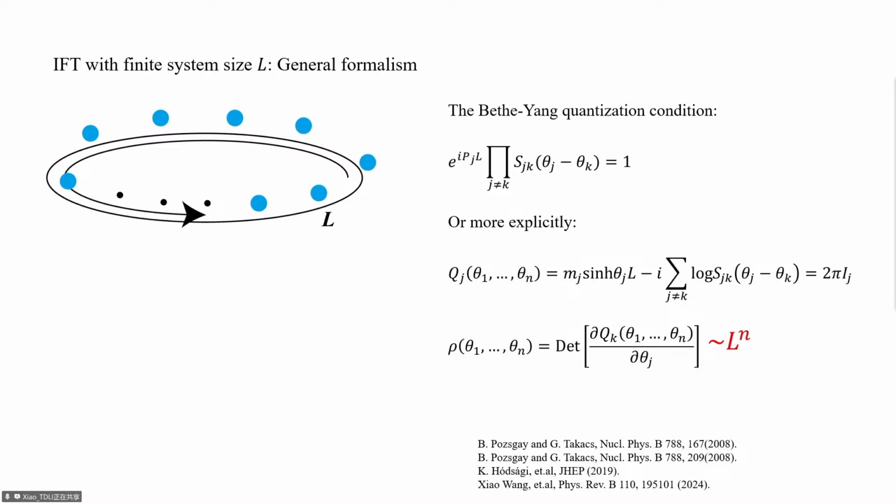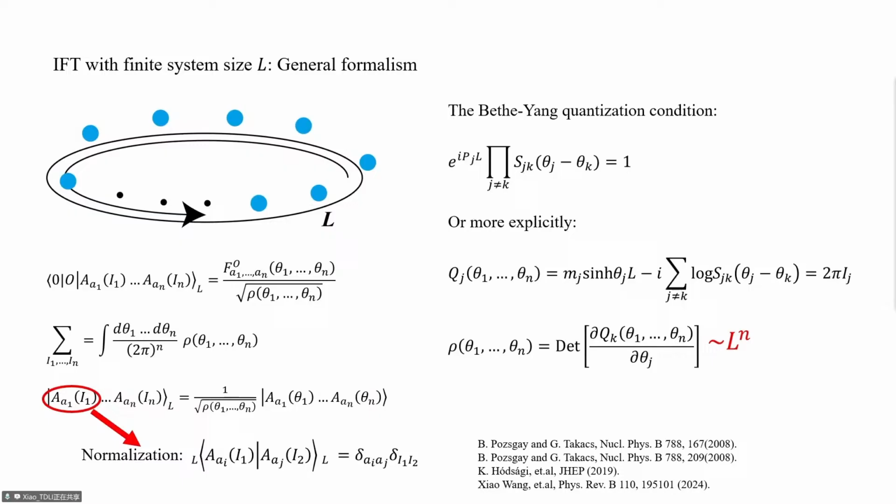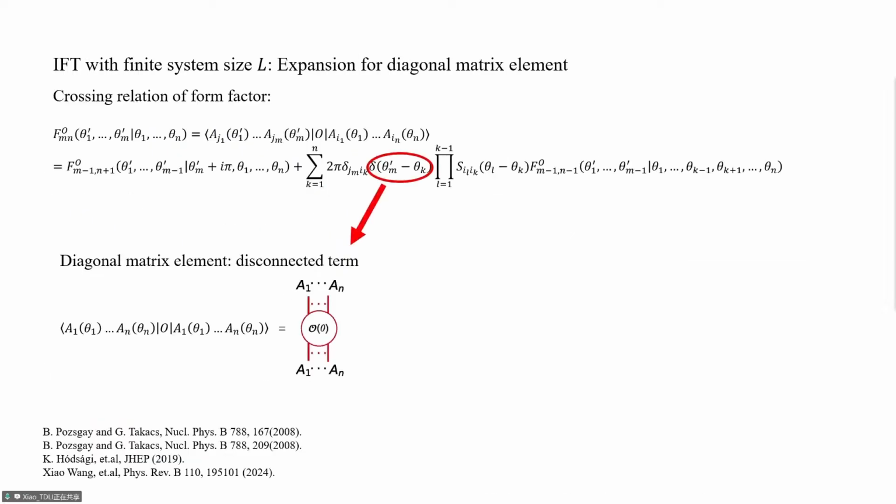And this will further provide you some relations between the infinite size system matrix elements and the finite size system matrix elements. Typically, you have some non-normalizable states in the infinite size, but now in the finite size, we can normalize the quantum states with some Kronecker delta functions. And more importantly, we can rewrite the form factors by using the exchange property.